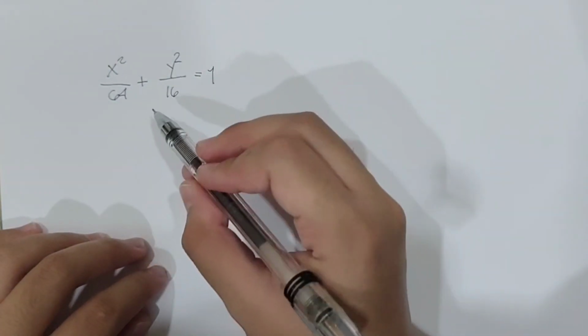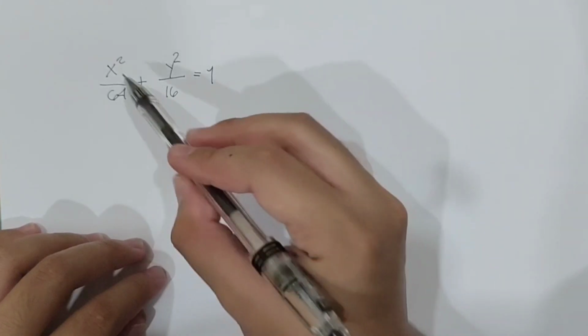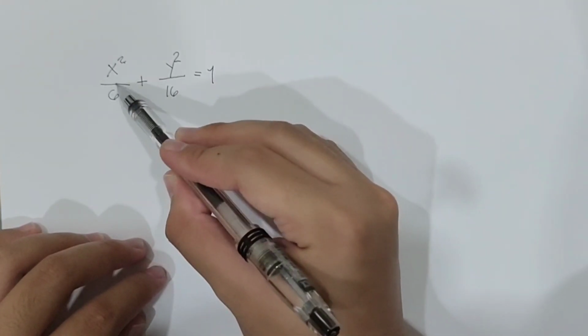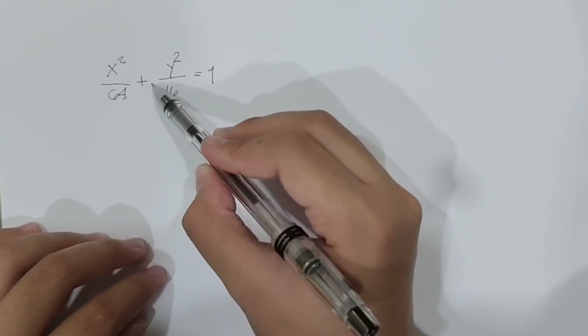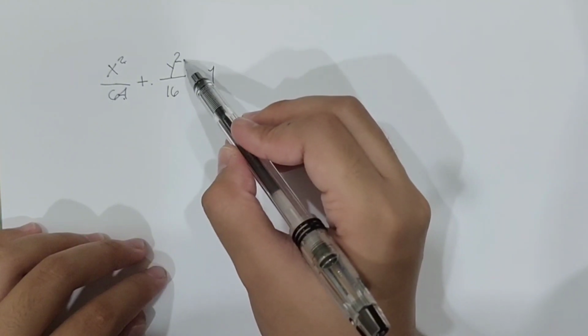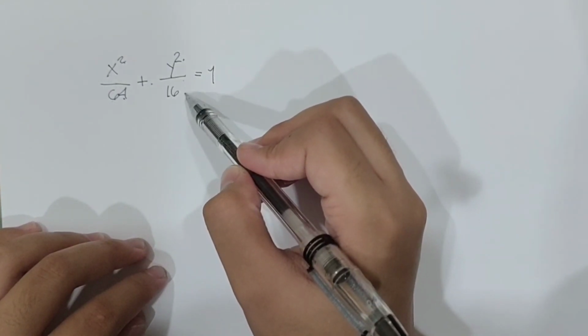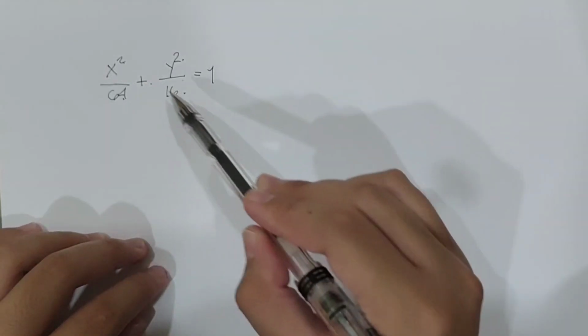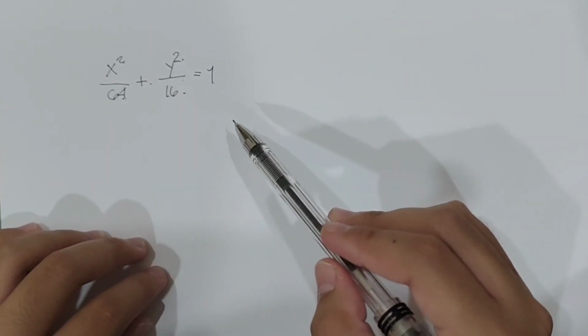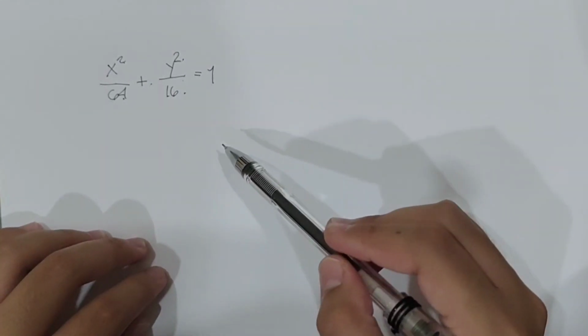Now from this equation, what do you see? We have x squared over 64 plus y squared over 16. Now, how do we solve this? And what is the formula?